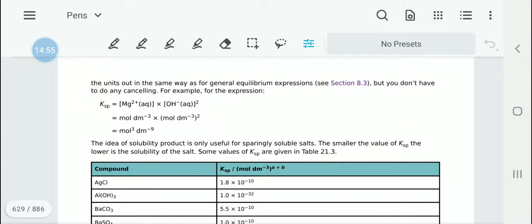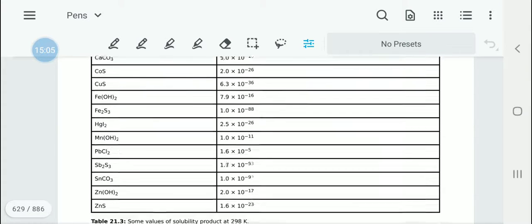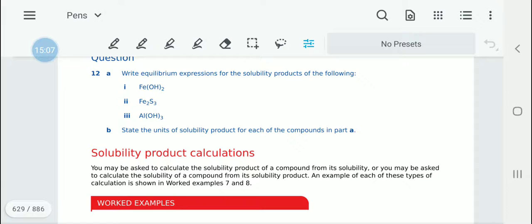The units would be the multiplication of the concentrations and their powers. So you understand how it is done. Please do question number 12.